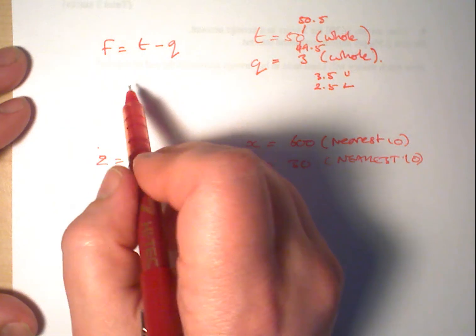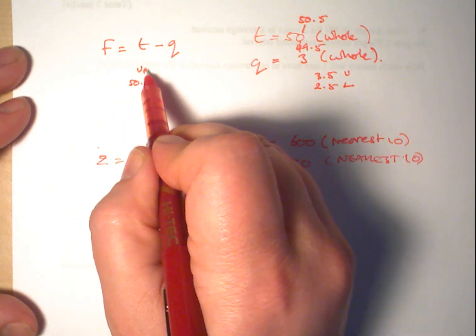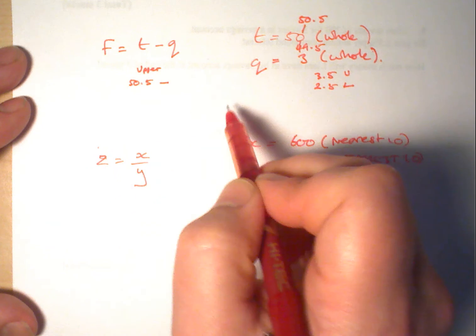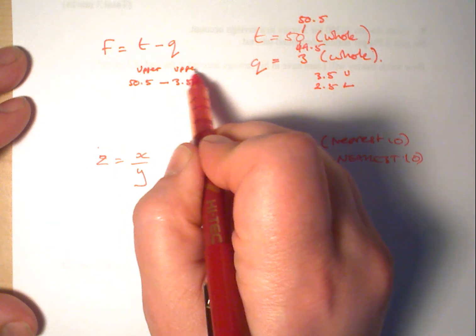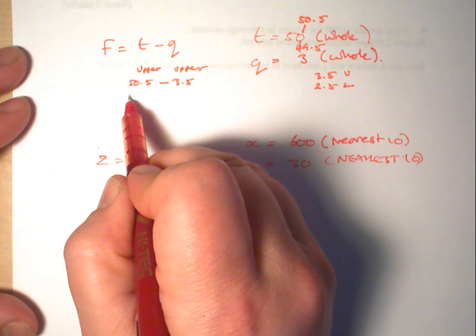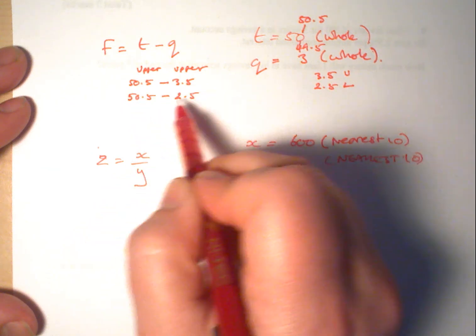So I could have 50.5, the upper, minus the other upper, which was 3.5. Or I could have the upper, 50.5, minus the lower, which is 2.5.